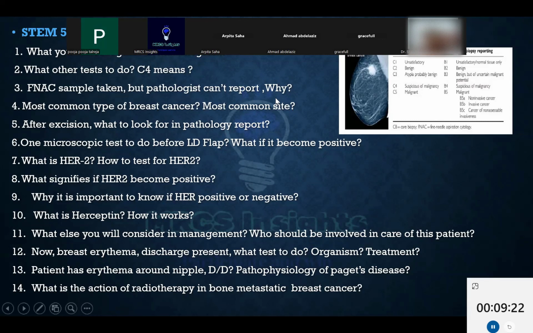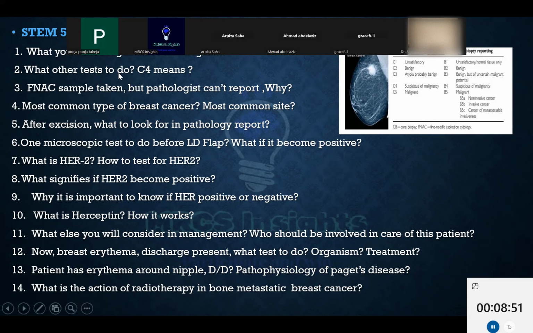Okay. So now tell me what other tests to do. I'll do fine needle aspiration cytology of this lesion. Also, if the patient had a previous history of surgery, I can go for MRI, and of course some baseline blood tests and tumor markers.